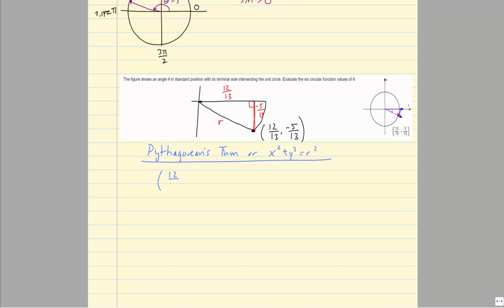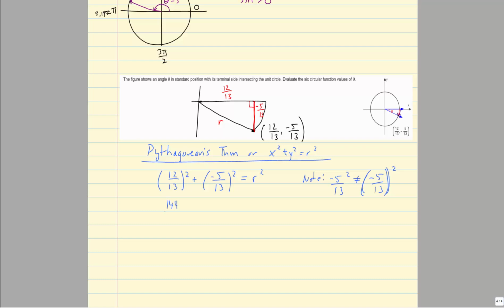And we get 12 over 13 quantity squared plus negative 5 over 13 squared equals r squared. Now note, this is an important thing. Negative 5 over 13 squared does not equal negative 5 quantity over 13 squared. So in this one I'm only squaring the 5, and then I make it negative. So I get negative 25 over 13. This means to take negative 5/13 times itself, and that's really what we need to be doing here.